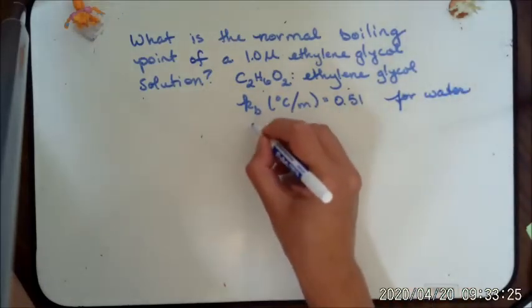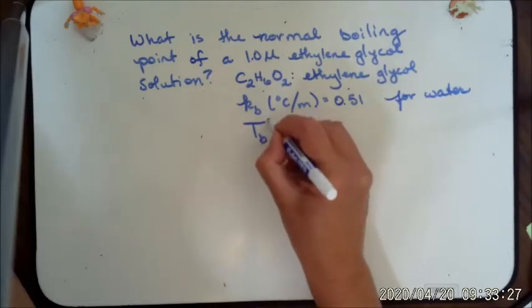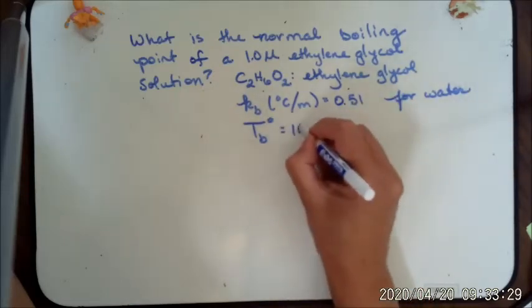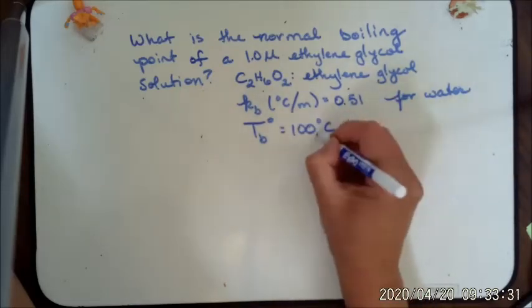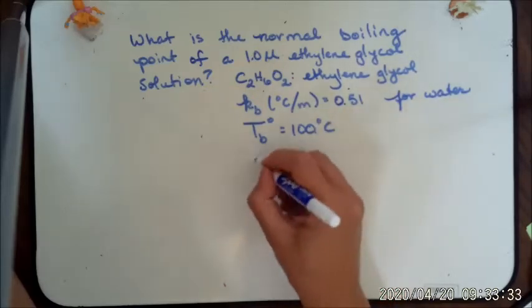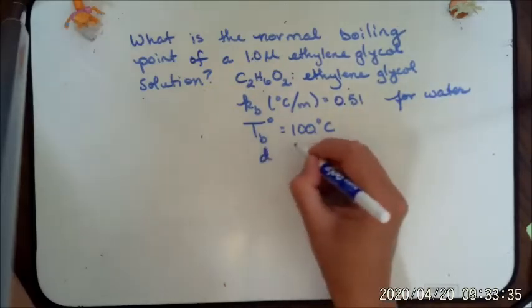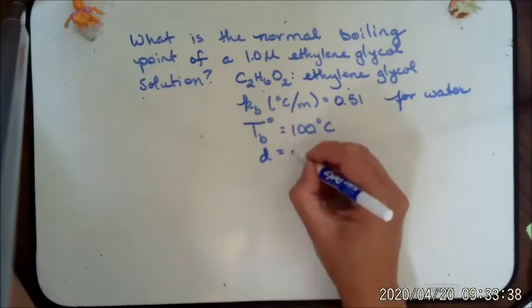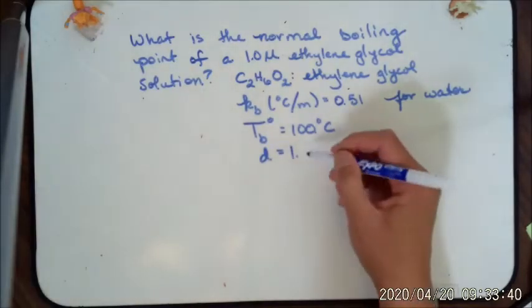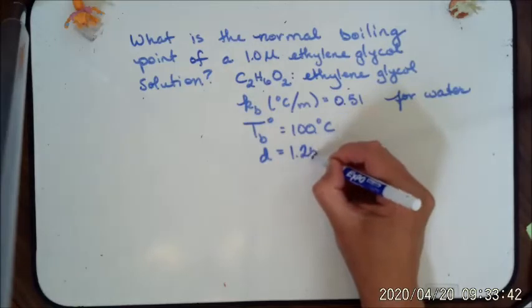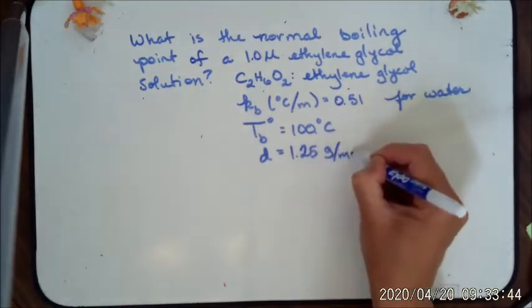We know the normal boiling point for water is 100 degrees Celsius. And let's say the density of the 1 molar solution is 1.25 grams per milliliter.